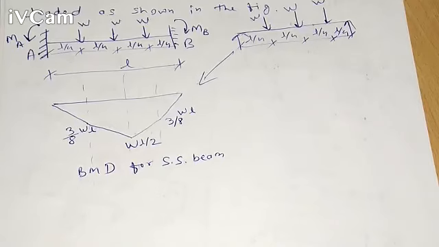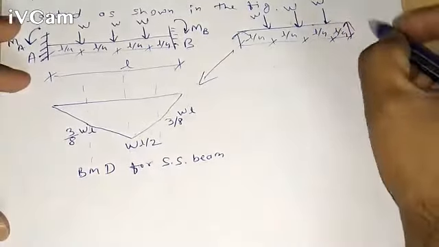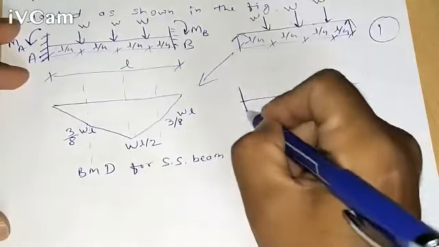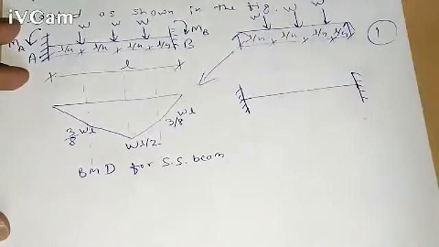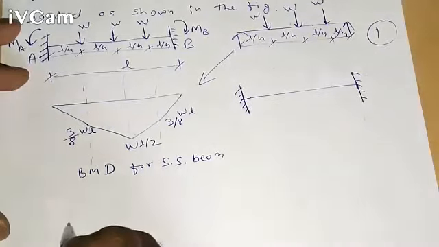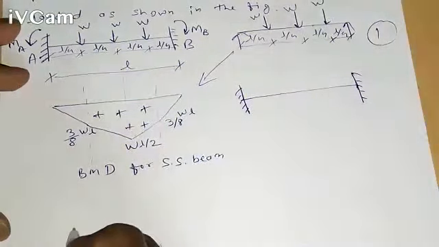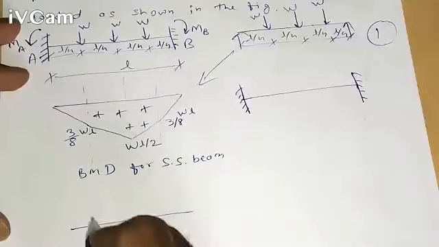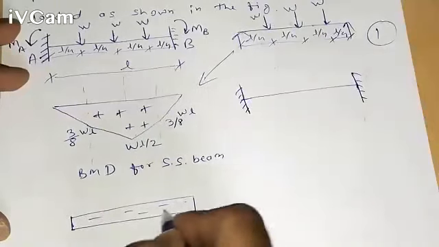Now the next part is to draw the bending moment diagram considering that there is only a fixed beam. So the second condition: you have to consider only a fixed beam and there is no load. Now for this condition, what would be the bending moment diagram? The bending moment diagram is like this. This is going to be plus, and this is going to be negative.